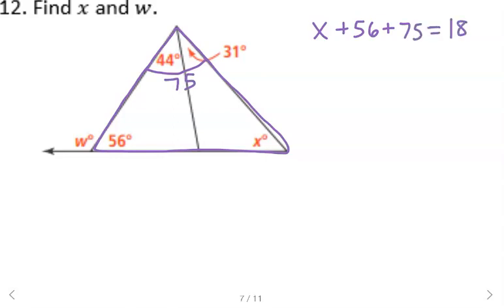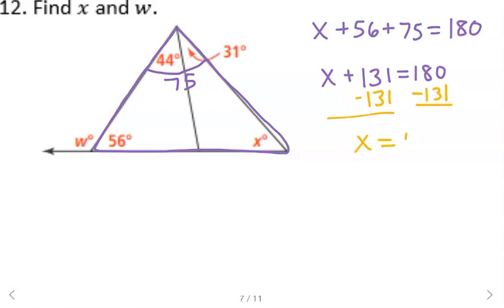The sum of the angles in a triangle add up to 180. We'll add the two that we know, 56 and 75. You get 131. So we have x.